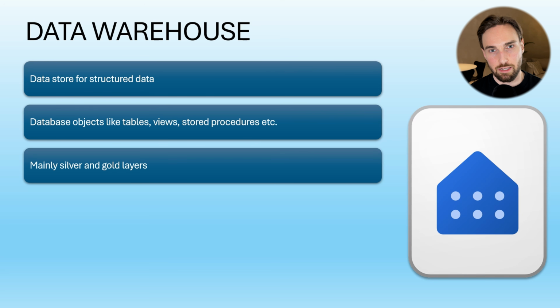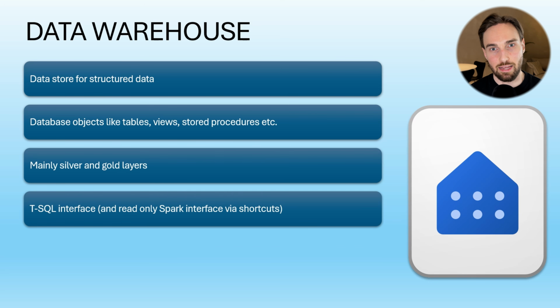The main interface for interacting with the data warehouse is the TSQL interface. However, data warehouse tables can be linked to a Lakehouse, which allows them to be read using Spark as well. But the TSQL interface is the main interface for using the data warehouse. The TSQL used in this data store is not exactly the same TSQL used in your Azure SQL database or in your on-premises Microsoft SQL Server database.